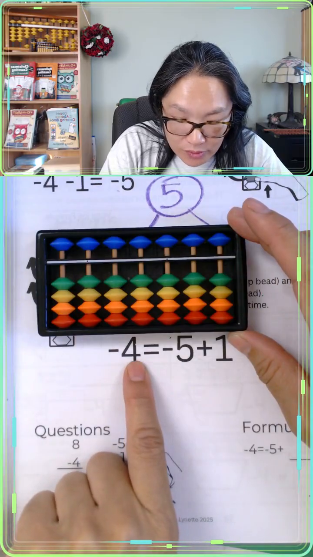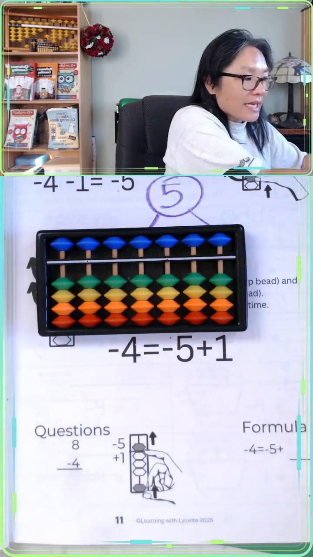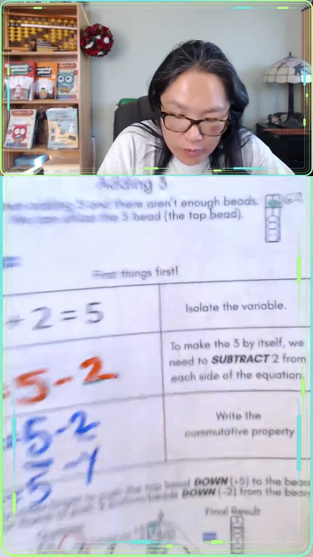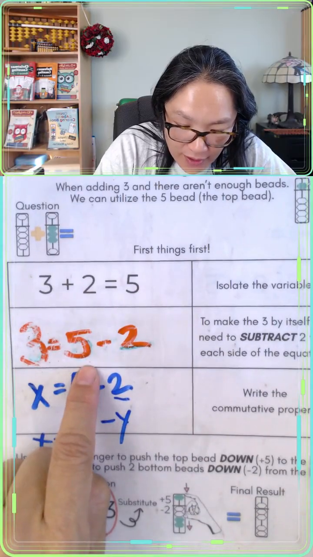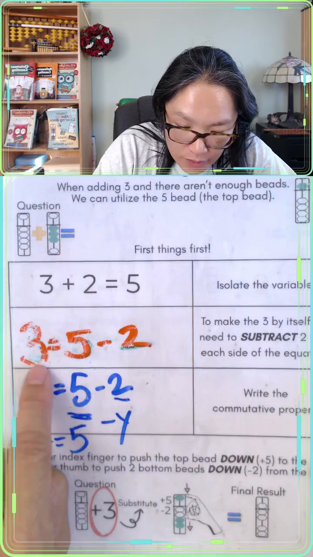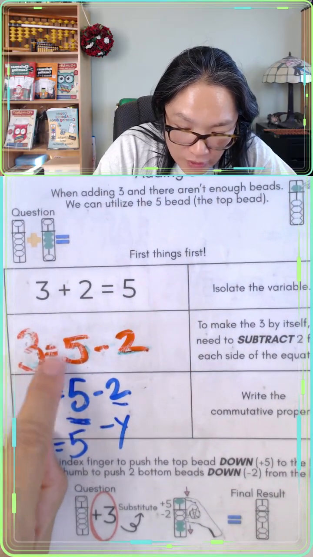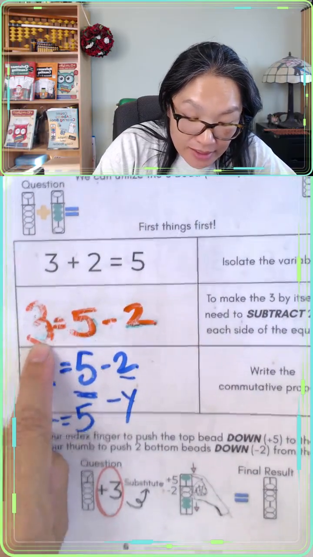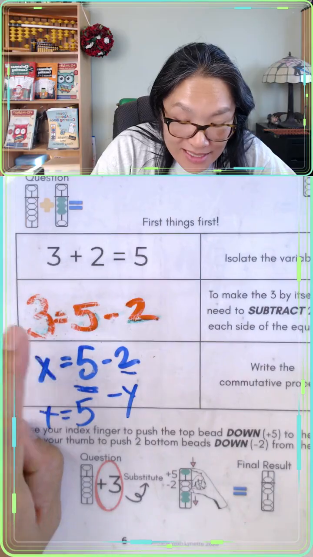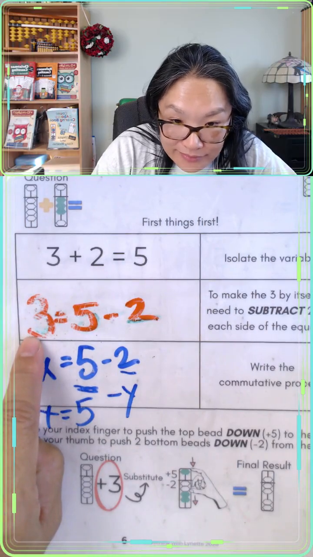So when I talk about isolating the variable and they're known variables, we have 3 is equal to plus the 5 minus the 2. The variable is this. It's known, we have an idea that this is 3, but the 3 is still a symbol. It may not be a letter, but it's still a symbol.